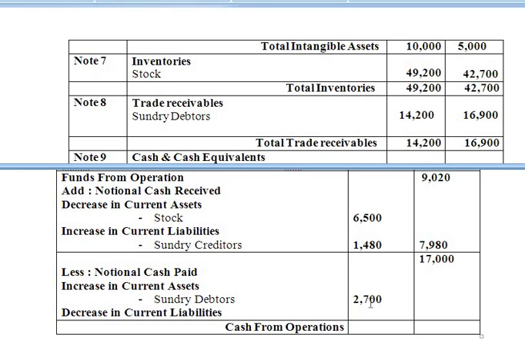There is no decrease in current liabilities, put a dash and take the amount in the outer column, 2,700.